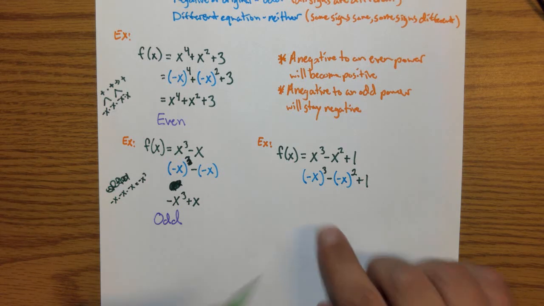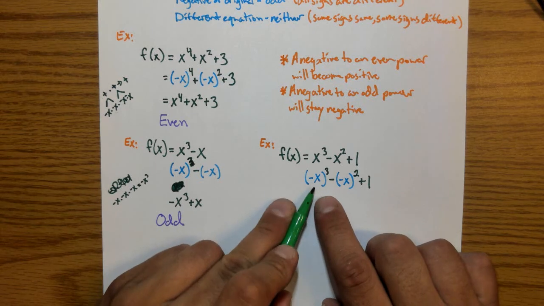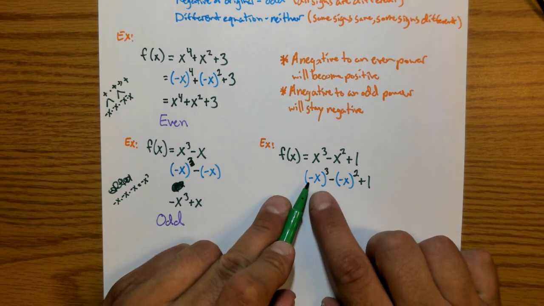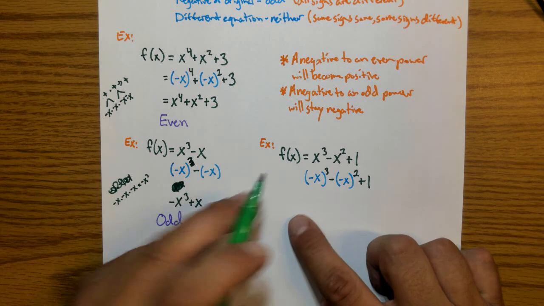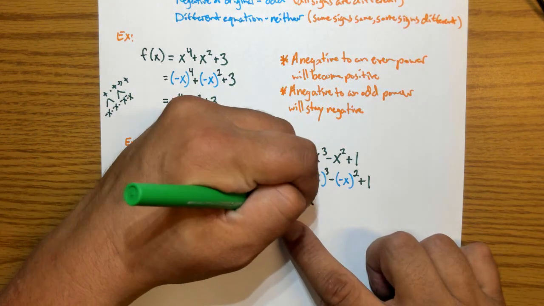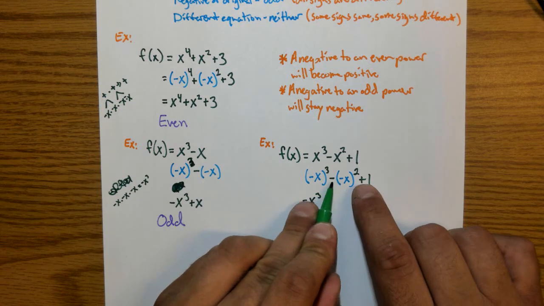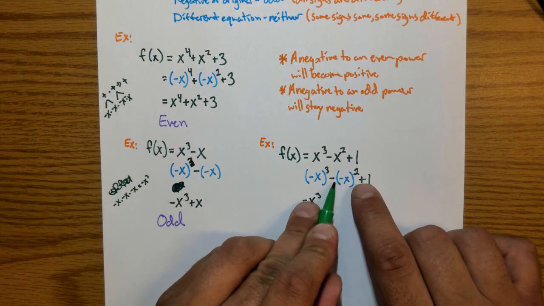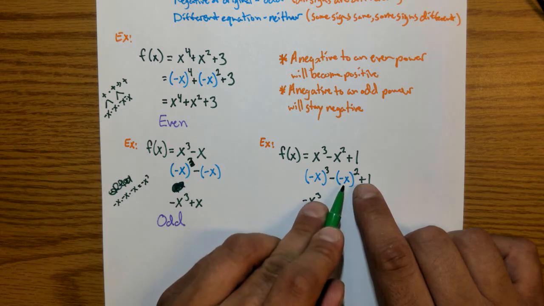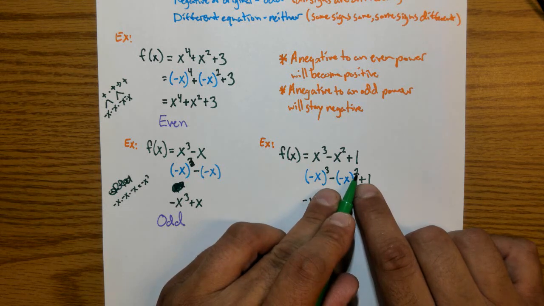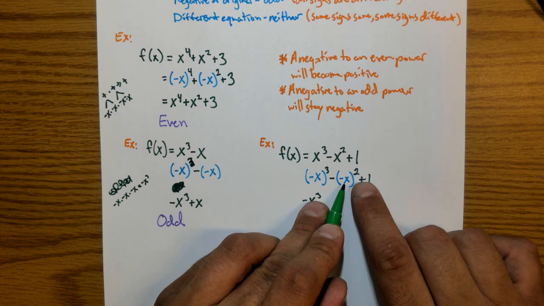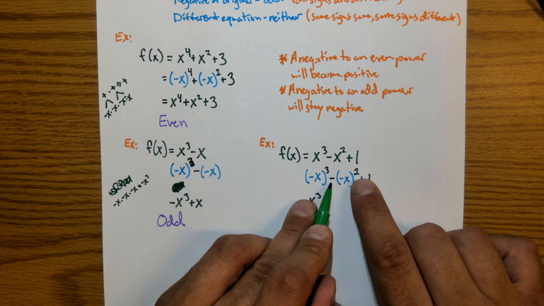Now let's simplify. Well, this is to an odd power, right? So it's going to stay a negative. So this will be negative x cubed. Now, be careful here. Ignore this negative up front first and just focus on this. A negative x squared is going to become positive x squared, but this negative is still out front. Do you see that?